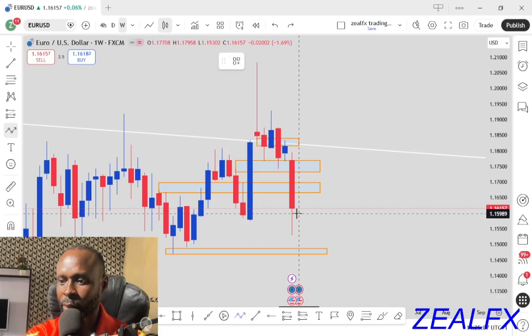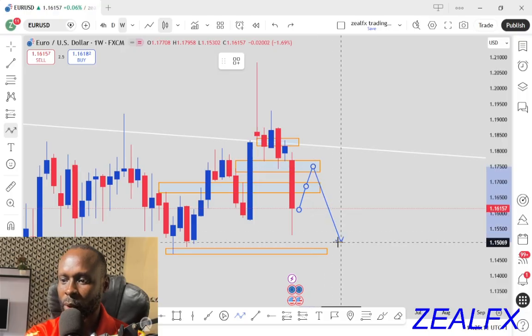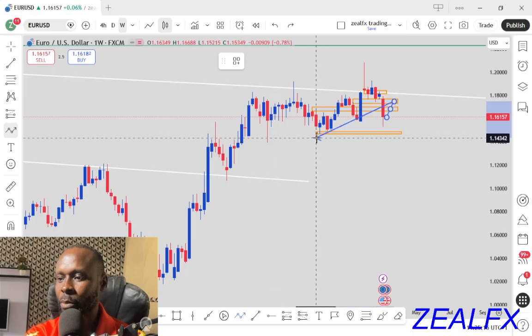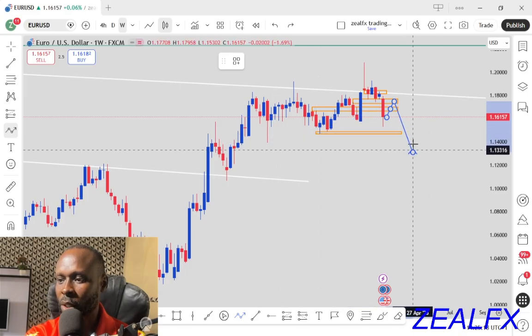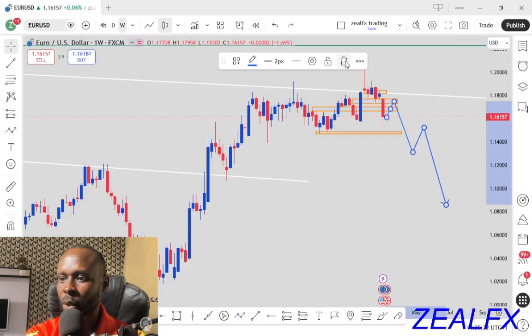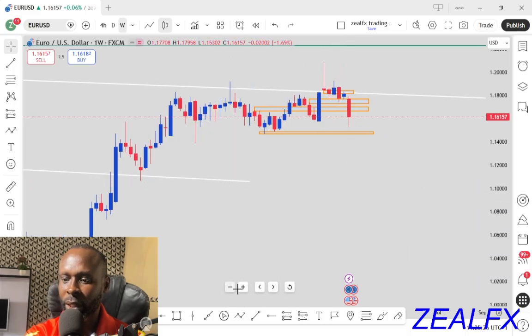We expect price to retest this level or this level before we can start looking for a selling opportunity to the downside on Euro USD. Then if price can break this major structural level, we expect more of a bearish trend for Euro USD to the downside, because the trend on Euro USD on the weekly chart still remains a sideways trend.